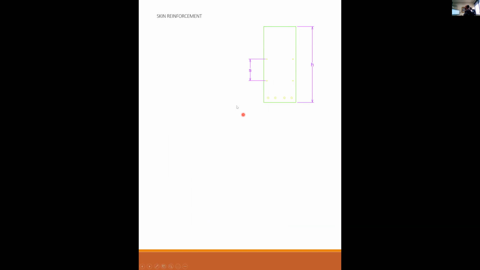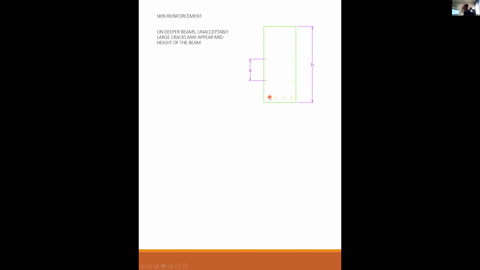Okay, we've got a little bit more to go in this. I forgot about this last little thing here. This is actually back to beam design, and it's a thing called skin reinforcement. And here's how it works. On deep beams, even if you have a lot of steel at the bottom here, you could develop some unacceptably sized cracks going up the beam, because all your steel's at the bottom.